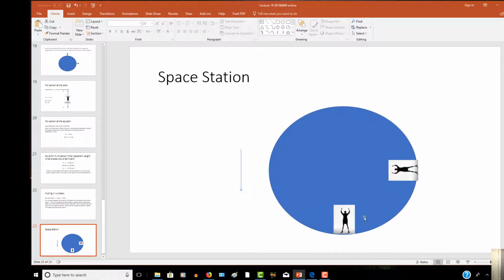As a result of the spinning of the space station, the person is going to experience a normal force that their feet will experience because this ship is rotating. There's no gravity that we're going to be considering here. It's literally just because of the spinning of this space station that they would experience something like gravity if the space station were turning fast enough.